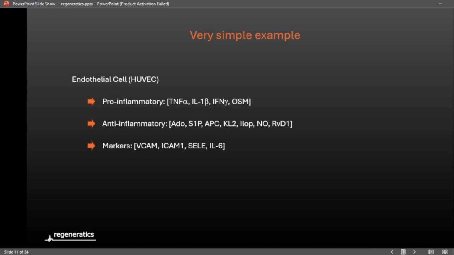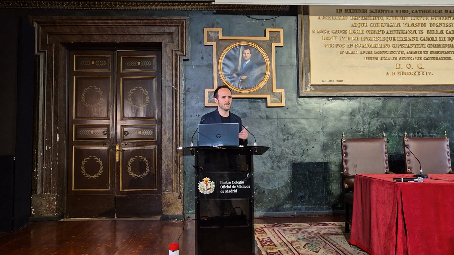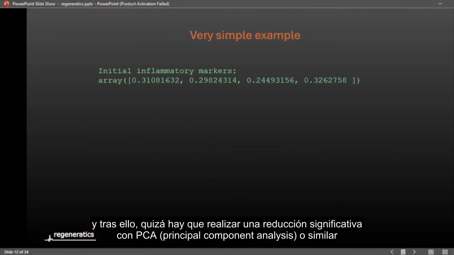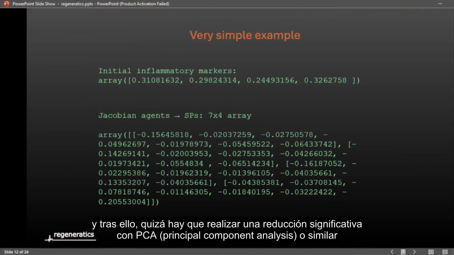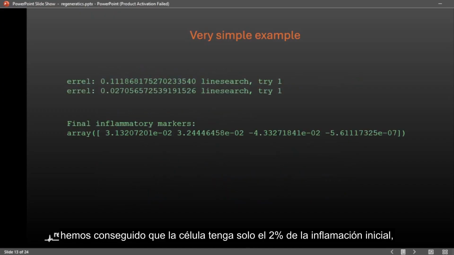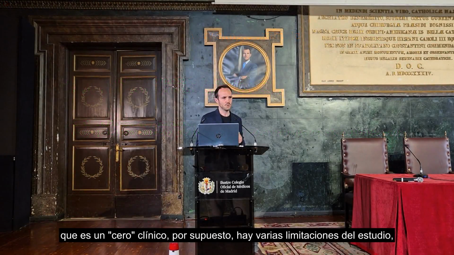And the point is that after the initial inflammation, we are able to analyze the complexity of the problem. After that, maybe you have to make a principal component analysis or other filter algorithm techniques, but eventually you perform machine learning, and in only 2 iterations, you reach only 2% of the initial inflammation, which is a clinical zero inflammation.